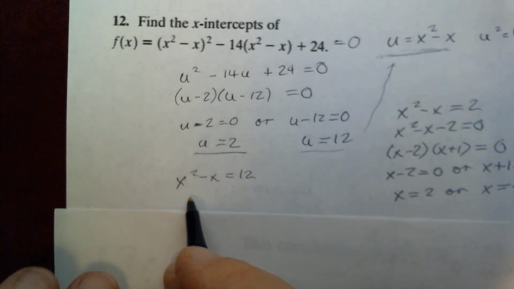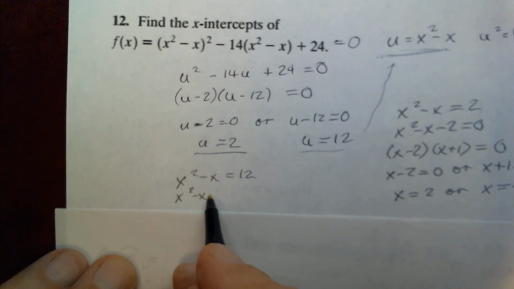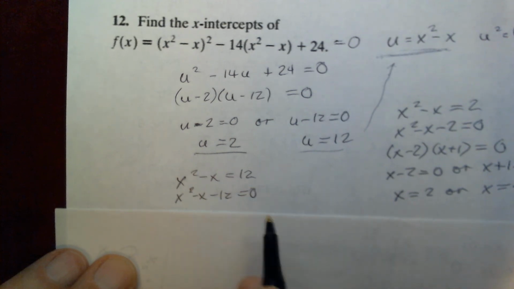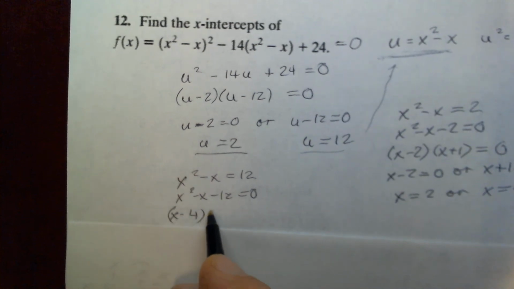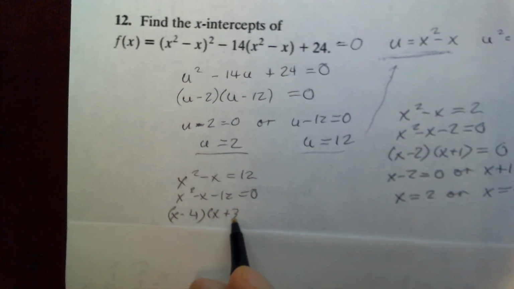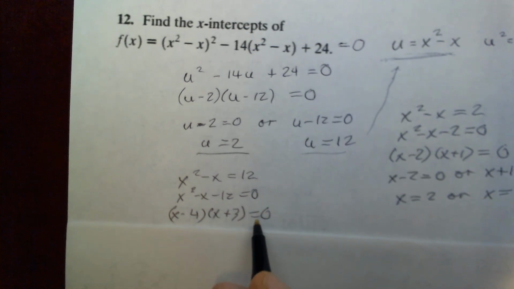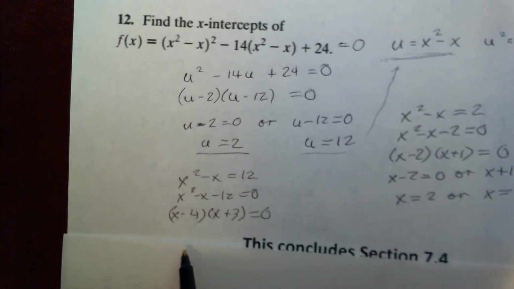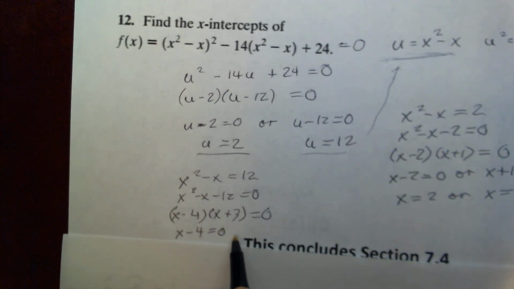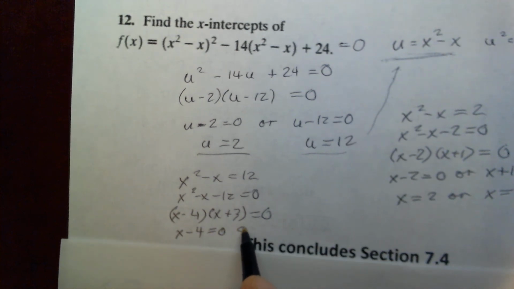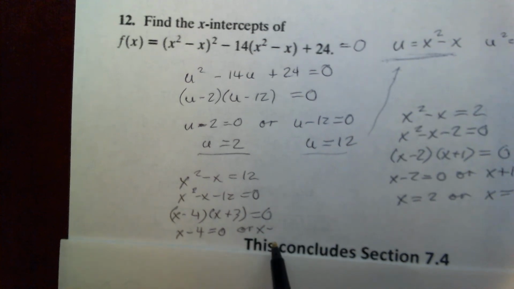So that means x squared minus x minus 12 equals 0, and we can factor this as x minus 4 times x plus 3 equals 0, and so we have x minus 4 equals 0, or x plus 3 equals 0.